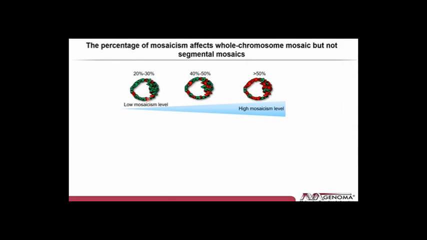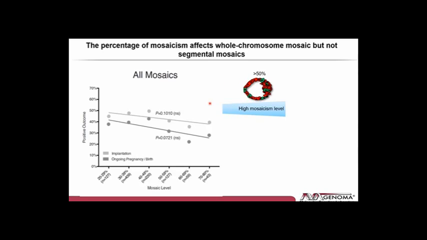Then we compared the different groups of mosaic embryos. Here, the groups were based on the different percentage of mosaicism in the embryo. This graph represents all mosaics. As you can see, we did not observe any significant difference in implantation and ongoing pregnancy rate among the different groups of mosaics.